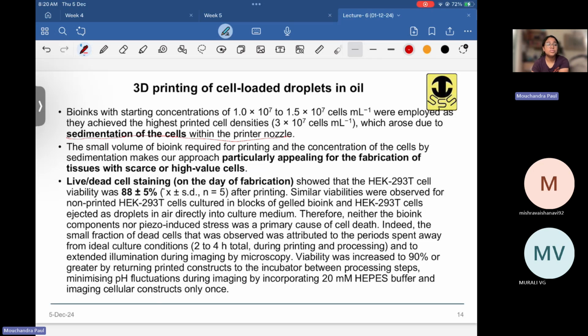And also when you do imaging, you have to keep the live construct outside as well. Because of those things, they say that there is a drop in cell number. But when they keep it back in the ideal conditions, like 37 degrees Celsius, pH of 7.4, the cell numbers boost up, meaning the cell viability improves.